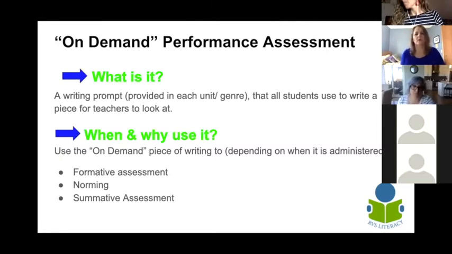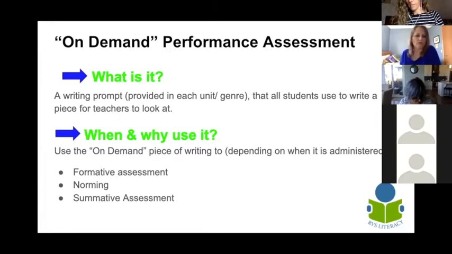Basically, an on-demand is where we are provided with a writing prompt that is specific to the unit or the genre that your students are beginning, and you have all the students write from the same writing prompt for the teachers to look at. It is a timed activity. So we're giving our students 45 minutes to look at that topic and then to produce their writing.